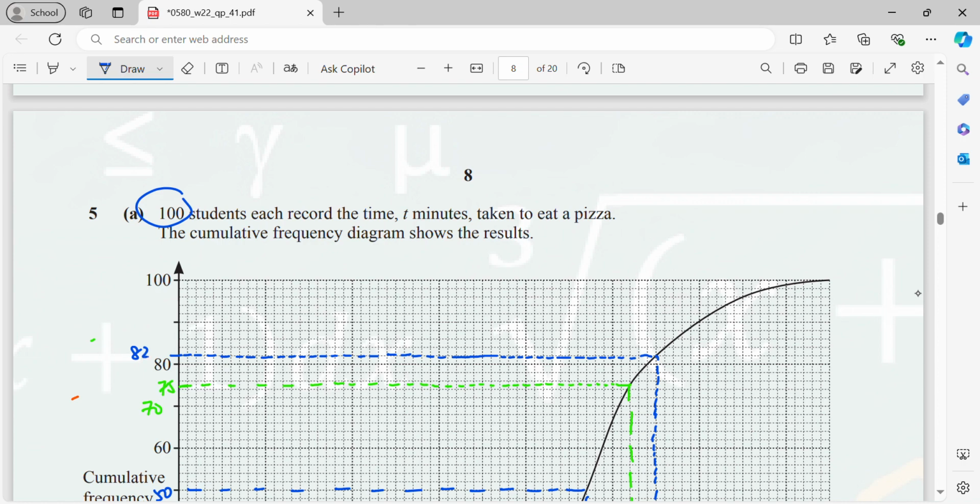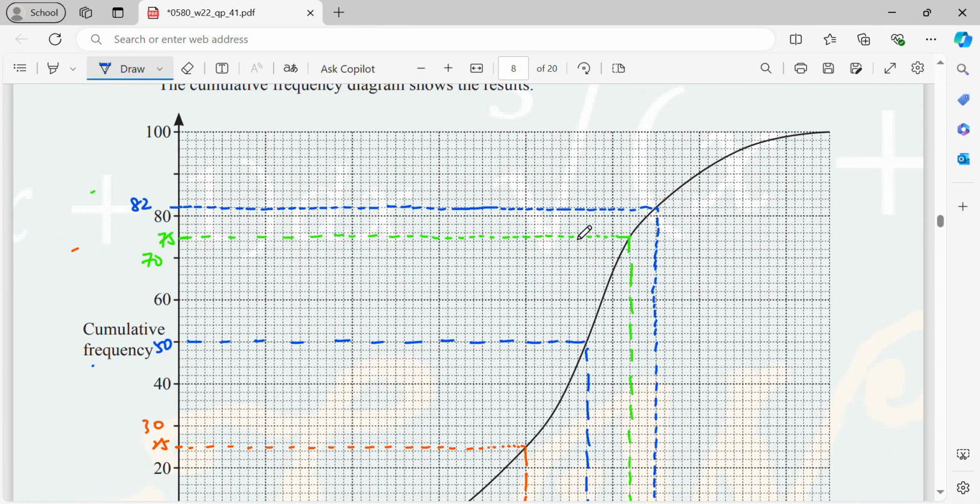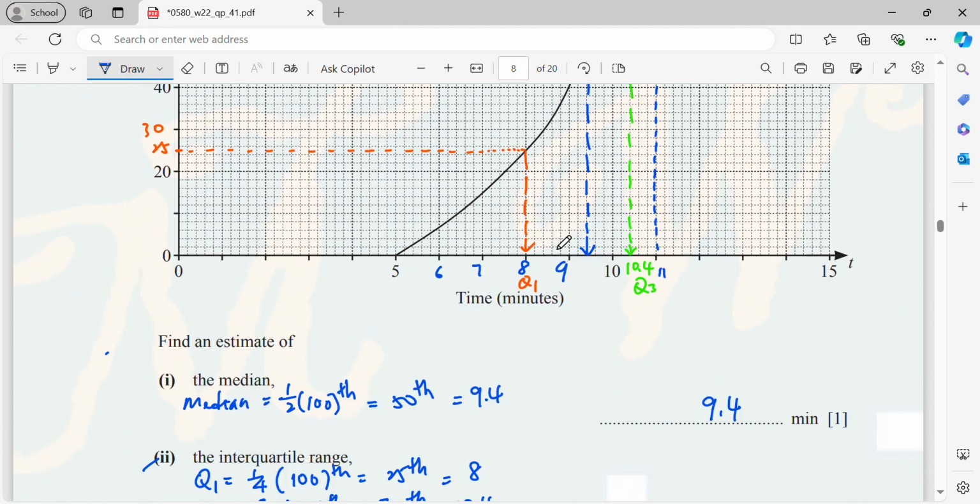Okay, this is going to be 82. So 82 means that 82 students took less than 11 minutes to eat a pizza.